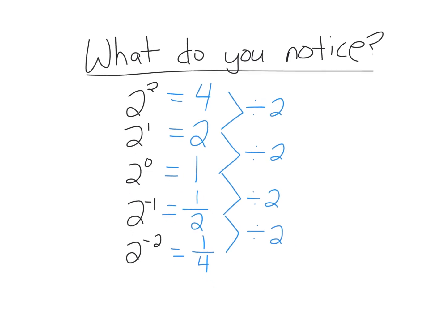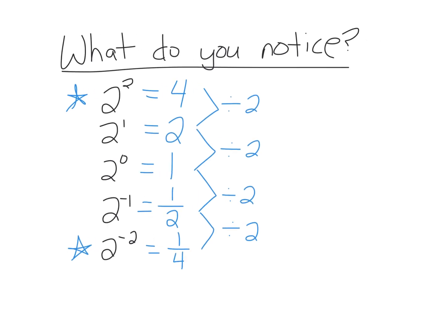What do you notice between 2 to the second power here and 2 to the negative second power? The denominator and the numerator are swapped. There's a word for it. You have the right idea. One of them is 4. One of them is 1/4. They start with the R. They are reciprocals of each other.